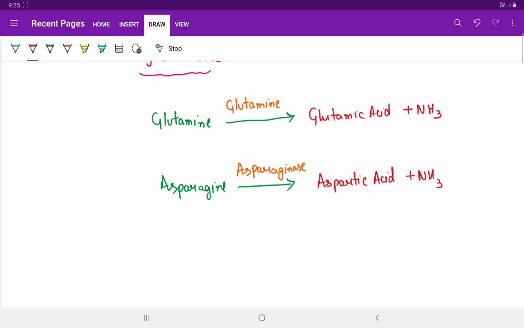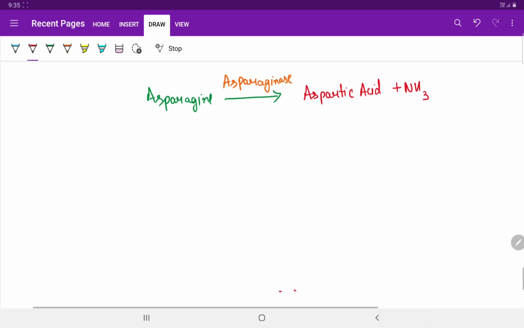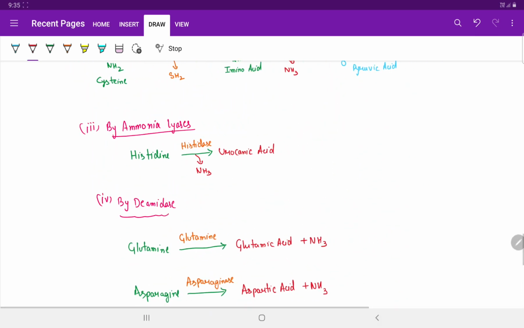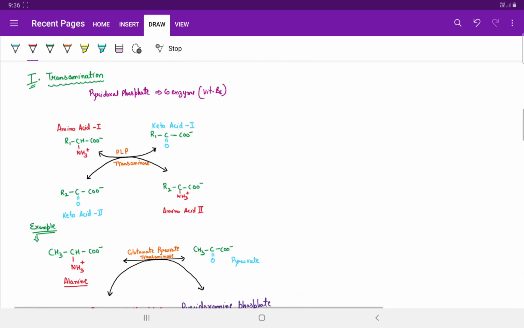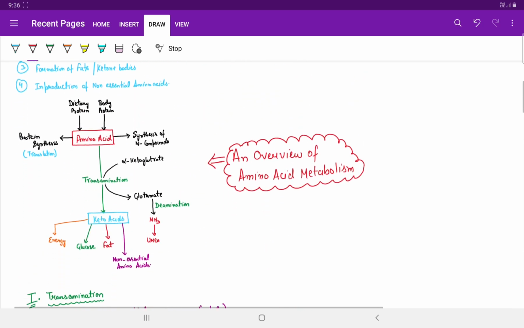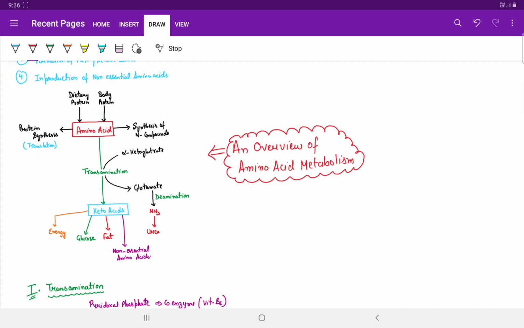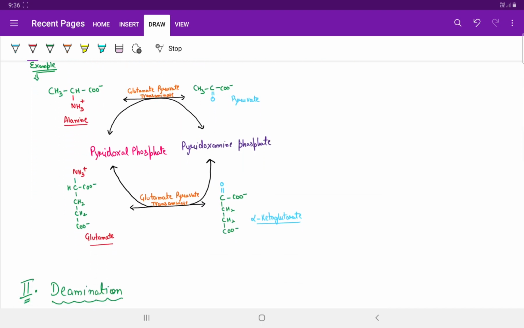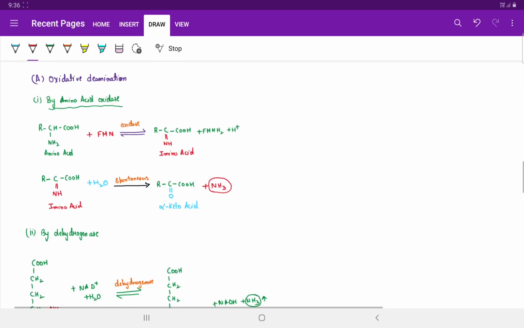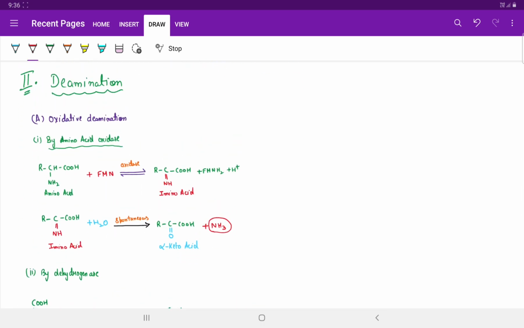So students, these were the reactions which were important for the metabolism of amino acids. We have covered the transamination reactions, their mechanism, and also the formation of keto acids and the deamination reaction. Under the transamination we have discussed the example of glutamate and alpha ketoglutarate, whereas in deamination there are two phases, oxidative and non-oxidative.